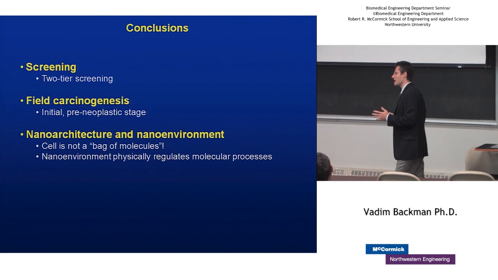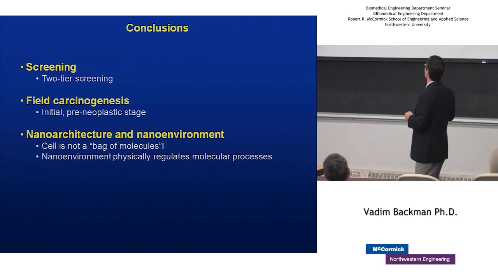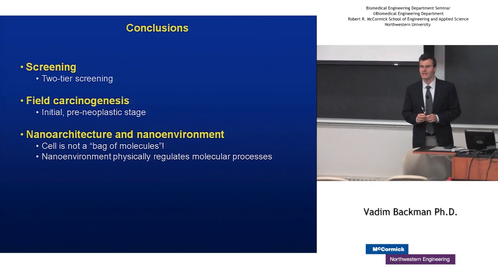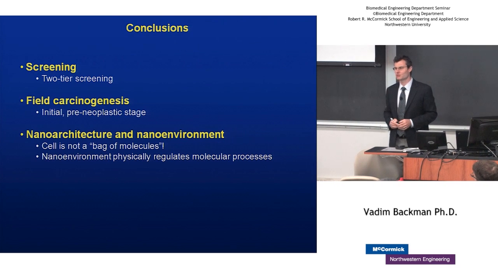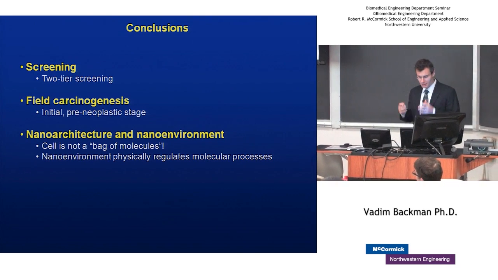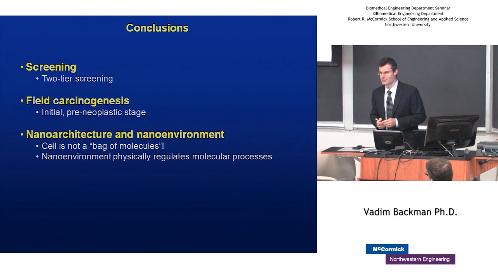If we want to understand cancer, we have to understand field carcinogenesis. And last but not least, we have to understand the architecture in our environment and bring some physics into cell biology and cancer biology in particular. The cell is not a bag of molecules, and we should stop treating it as such.